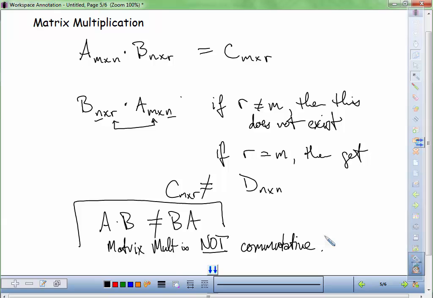But there exist groups and rings, they're called, that might not be commutative in multiplication. So this is a case where it's not. All right. So you can't just switch the order of matrix multiplication.